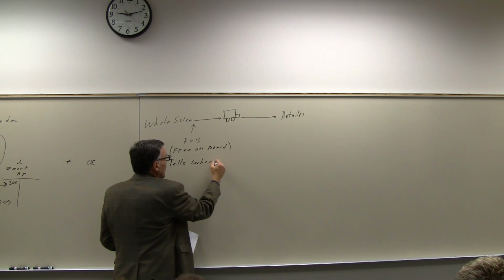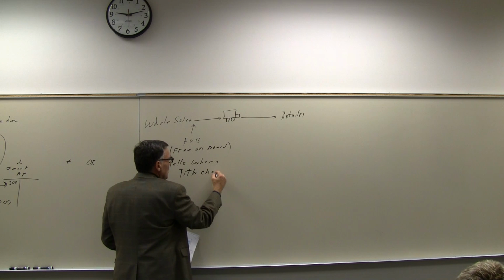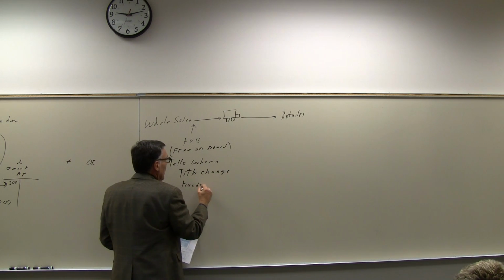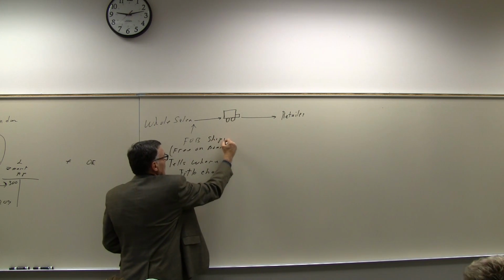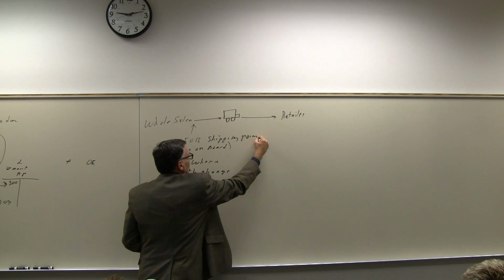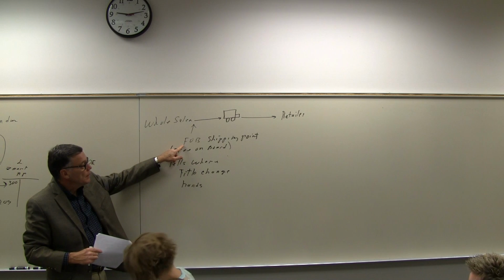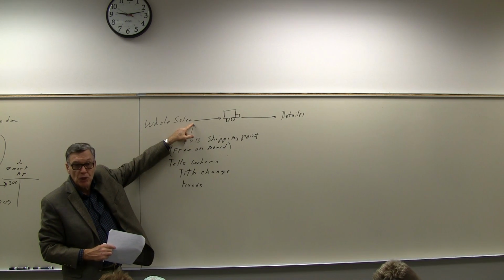Where title changes hands. And this would be FOB shipping point. If it's FOB shipping point, it tells you that the title changes hands here, that ownership changes hands here.